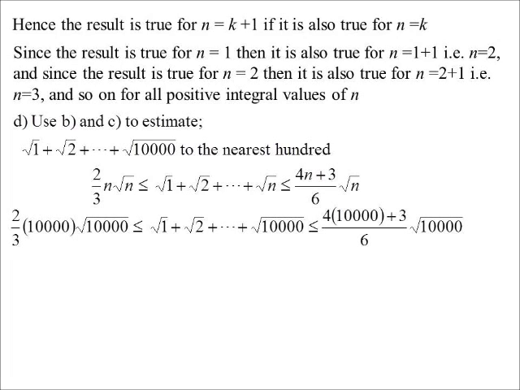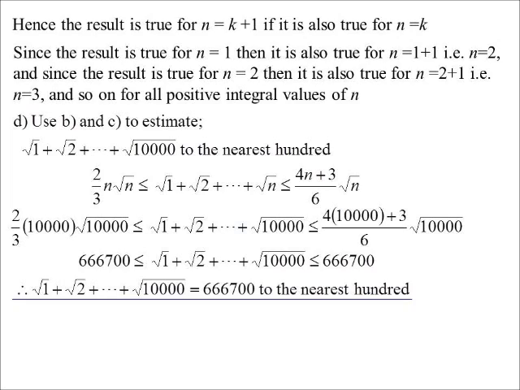Well, if I sub in 10,000, let's see what the left-hand side and the right-hand side end up being. And amazingly, to the nearest 100, because that's what we're trying to round off to, they are the same thing. So if I've trapped it between 600 and 66,700 on both sides, then that must be what it is to the nearest 100.